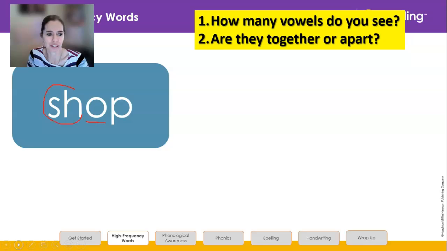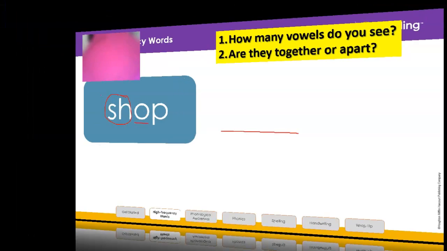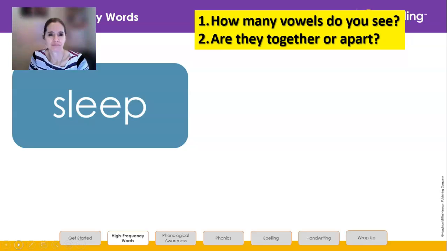There was a shark in the shop. You don't have to circle that digraph. I'm just doing it so you remember. I see 2 vowels. What's the second question? Are they together or apart?